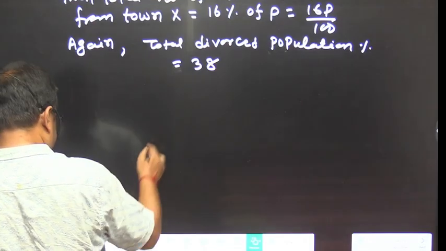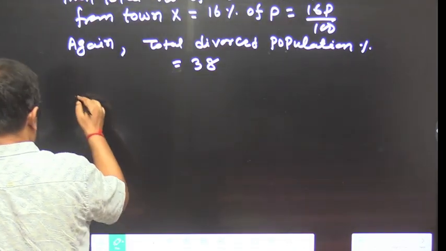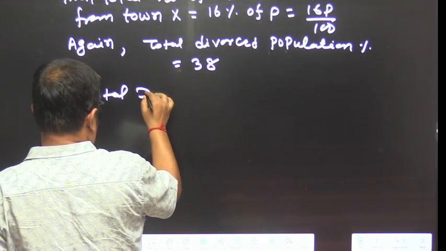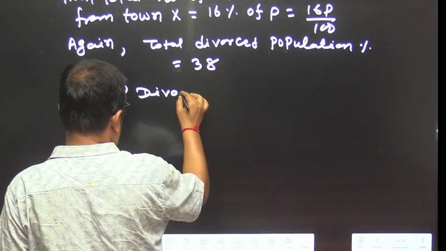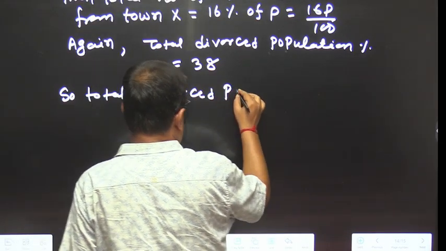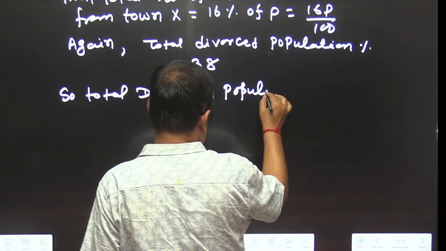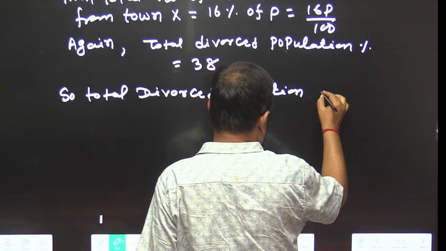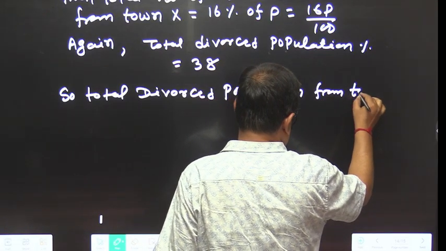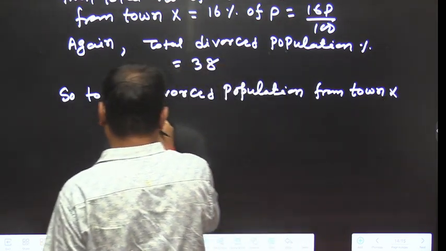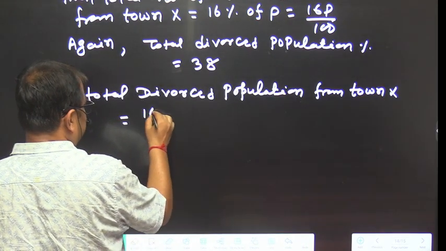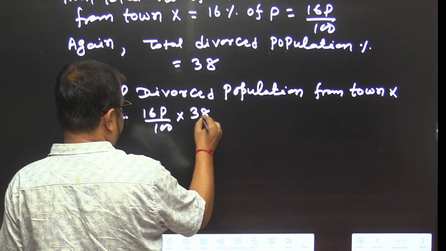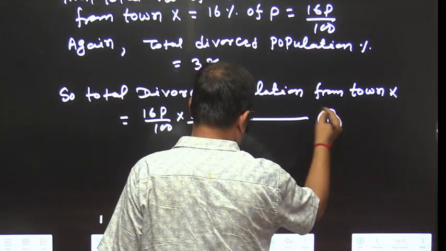Then the total divorced population from town X equals 16P upon 100 into 38 upon 100. This is equation 1.